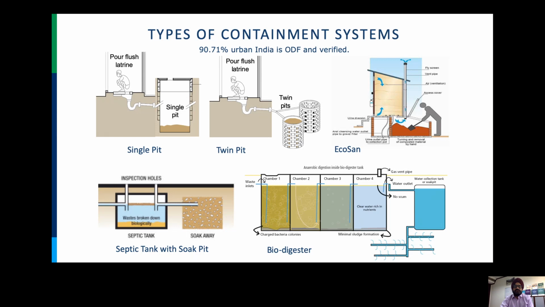So in 6 months' time, the fecal waste does get decomposed and treated and can be used for agriculture. But if it's a single pit or if it's an improperly designed septic tank, then there is no treatment happening. For a septic tank to have proper treatment, it has to have a structure, and also a biodigester has to be properly designed. Then only it becomes a partial treatment system.